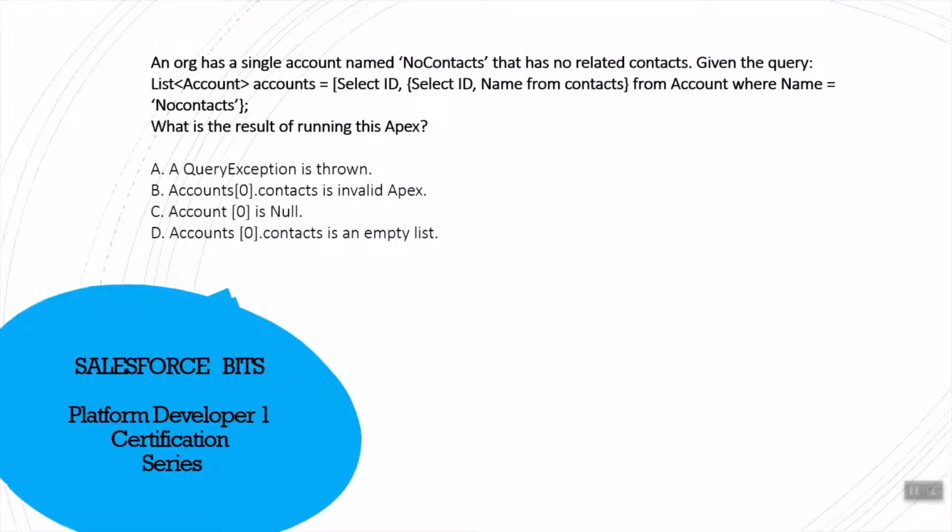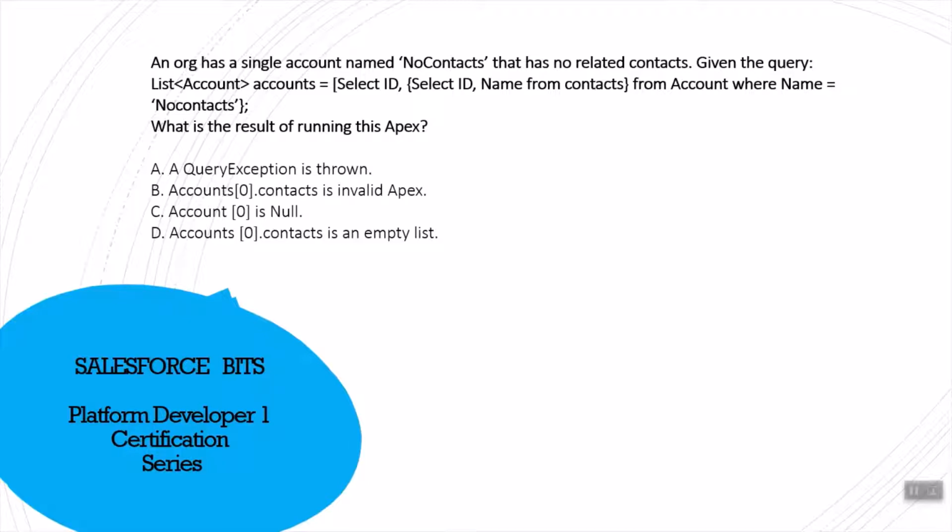An org has a single account named No Contacts that has no related contacts. Given the query, list account, select ID, name, from contacts, from account where name is equal to No Contacts, what is the result of running this? So the query exception is thrown. No, I don't think so, because the query is fine. There is no exception seems to be in the query. Accounts of 0.contacts is invalid Apex.